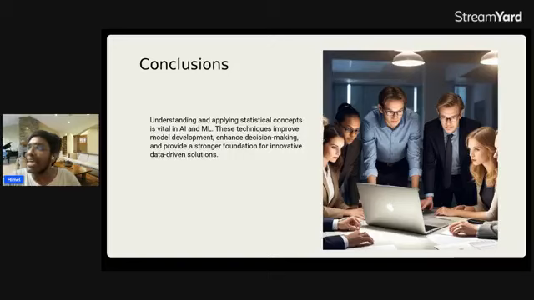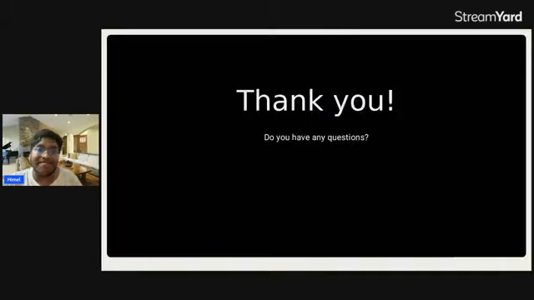By mastering these techniques, we not only improve model development but also enhance our decision making processes and pave the way for innovative applications for AI and ML.